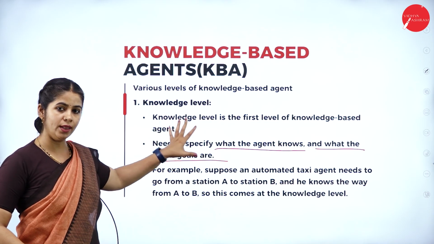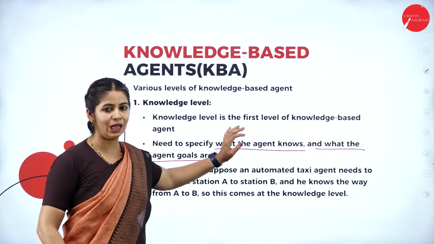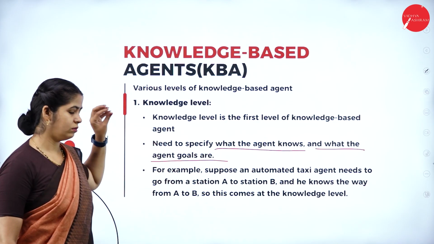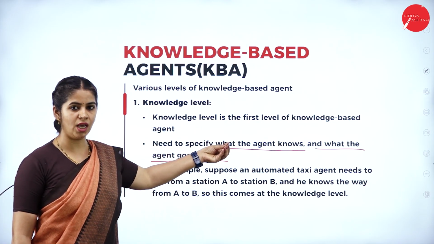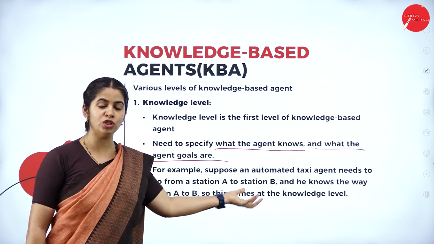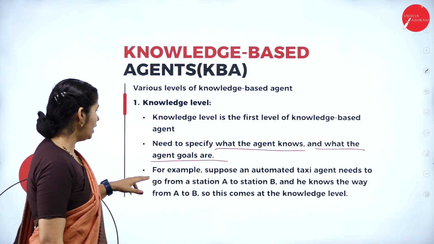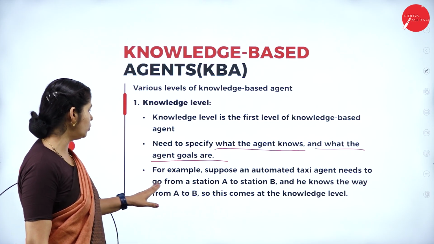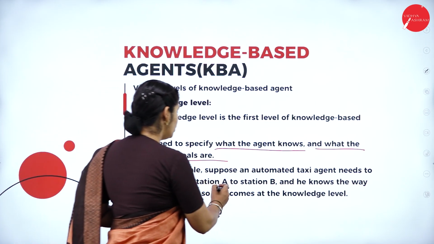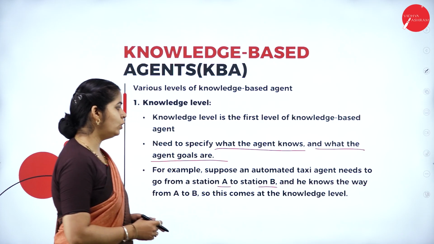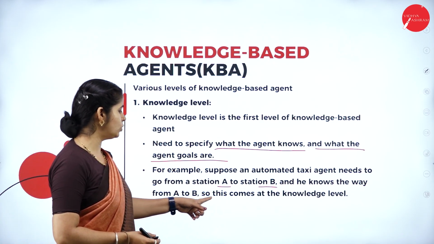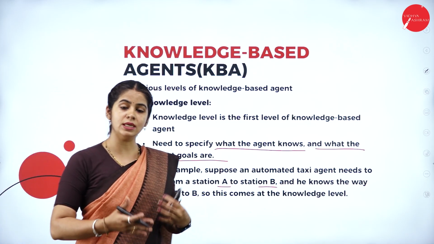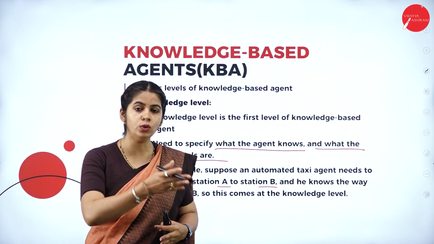This is a basic requirement you should have at the knowledge level. The agent should know exactly what information he has and what information he has to retrieve. For example, suppose an automated taxi agent needs to go from station A to station B and he knows the way from A to B. This comes in the knowledge level, where the taxi driver has his knowledge of how to go.